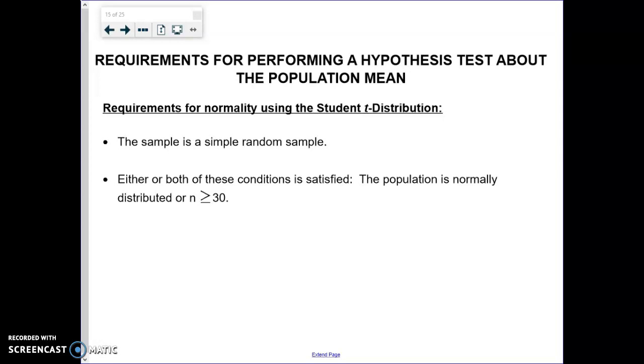The sample has to be a simple random sample, and either one or both of these conditions have to be satisfied. You either have to have it come from a population that is normally distributed, or your sample size has to be greater than or equal to 30. If you don't have a normally distributed population, a population that's unimodal and bell-shaped, then your sample size needs to be larger than 30.